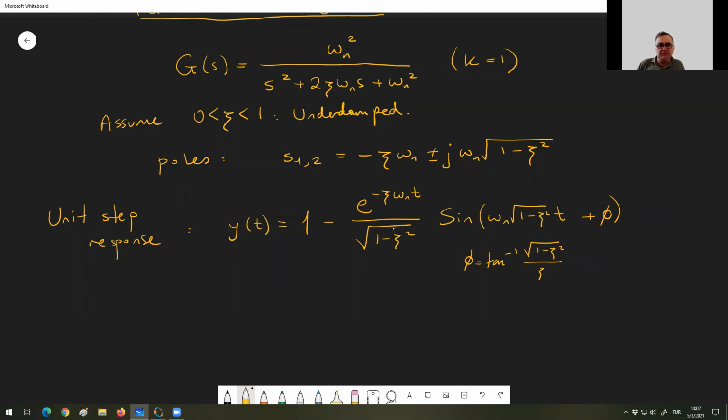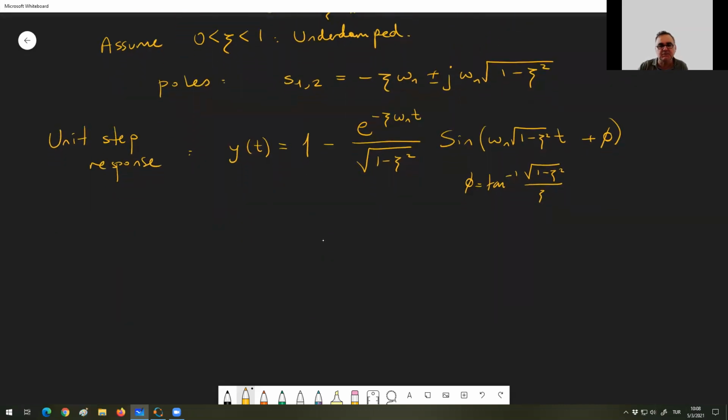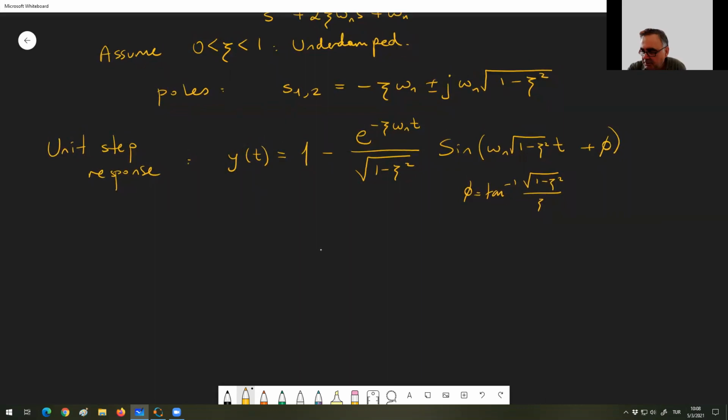So, from this equation, actually, we can derive all the specifications. MP, TP, TR, TS can be derived from here.